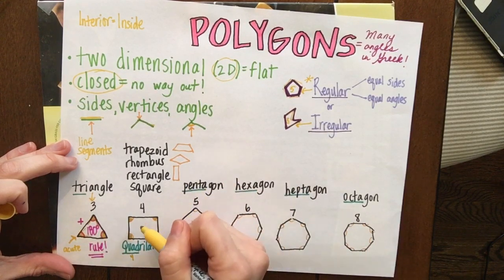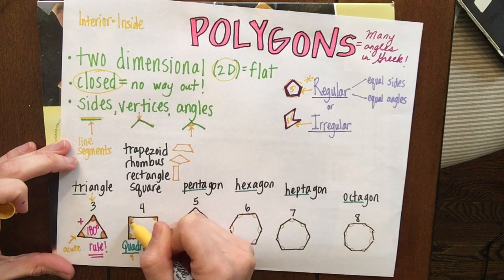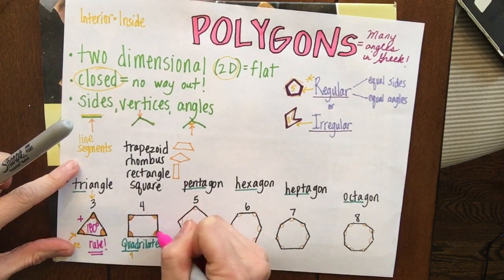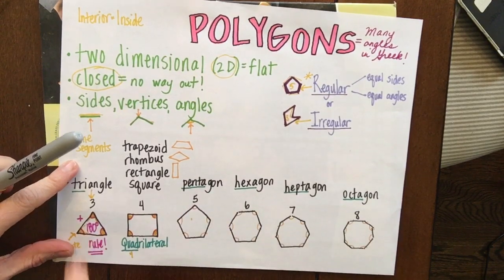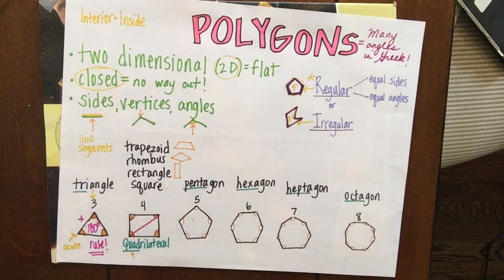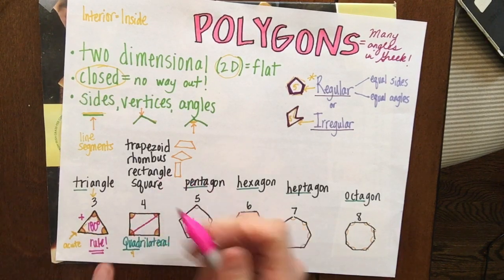But if I want to add them all up, this one plus this one plus this one plus this one, and by this one I mean the inside angles, I can use the triangle to help me. Watch. I split it. How much does the inside of a triangle add up to be? Well, wait a minute.